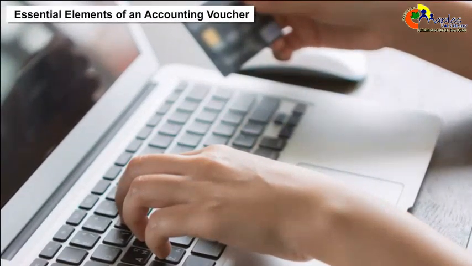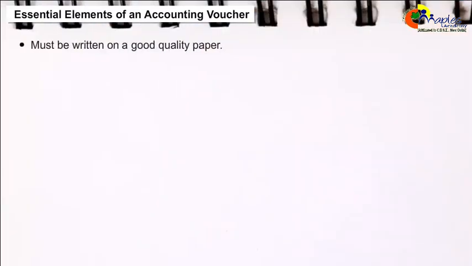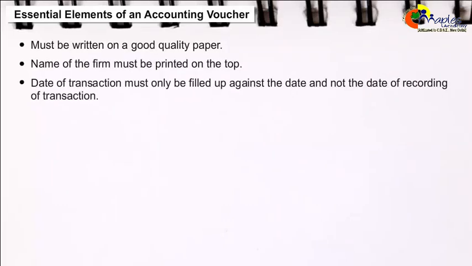Essential elements of an accounting voucher: it must be written on good quality paper. The name of the firm must be printed on the top. The date of transaction must be filled up against the date, and not the date of recording of the transaction. The number of the voucher is to be in serial order.